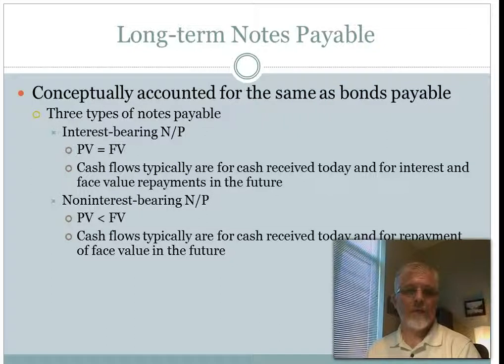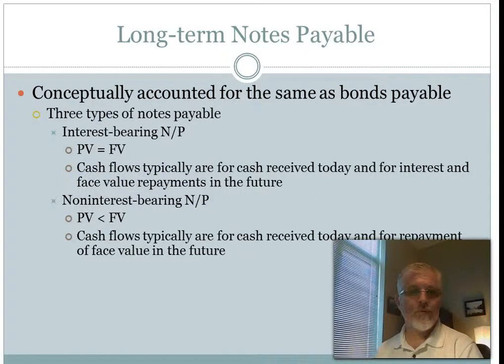With non-interest-bearing notes payable, the present value, or the cash inflow today, is going to be less than the face value of the note. We have that implied or implicit interest rate, that's the discount that we need to account for. And again, similar to the interest-bearing note, we typically have just two cash flows, the dollar amount that we get today and the dollar amount that we will repay at the maturity date.